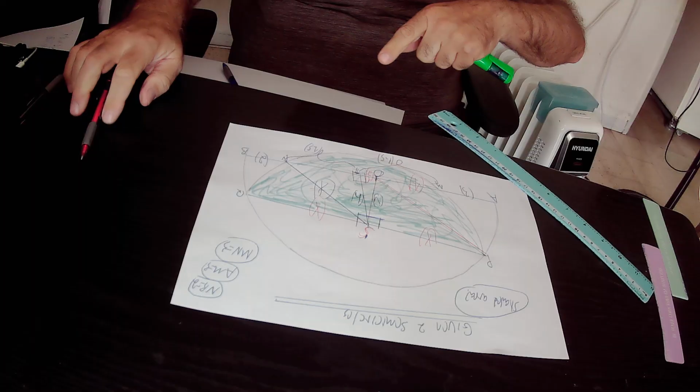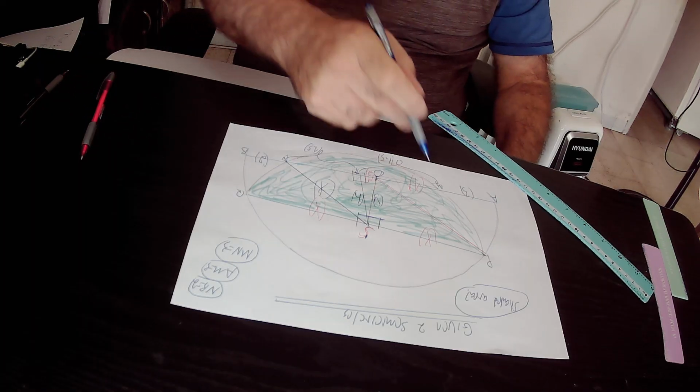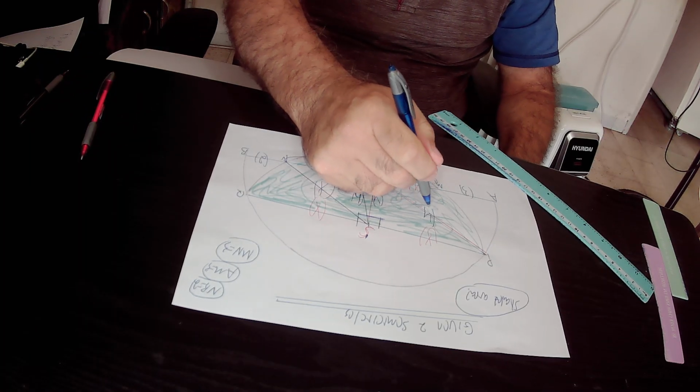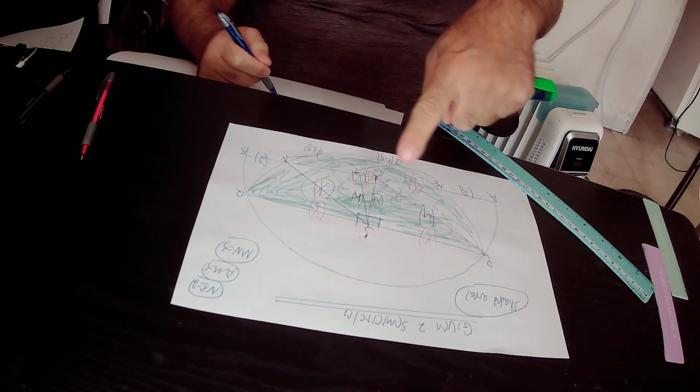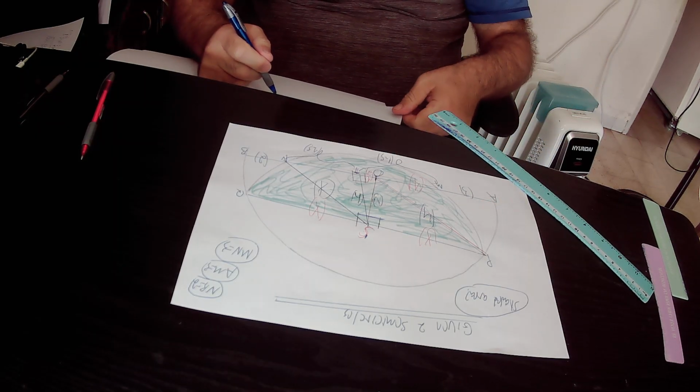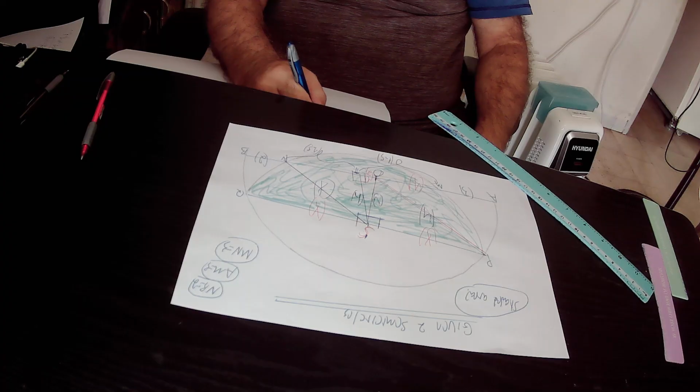So in the next step, we implement the Pythagoras theorem on this right triangle OSP.